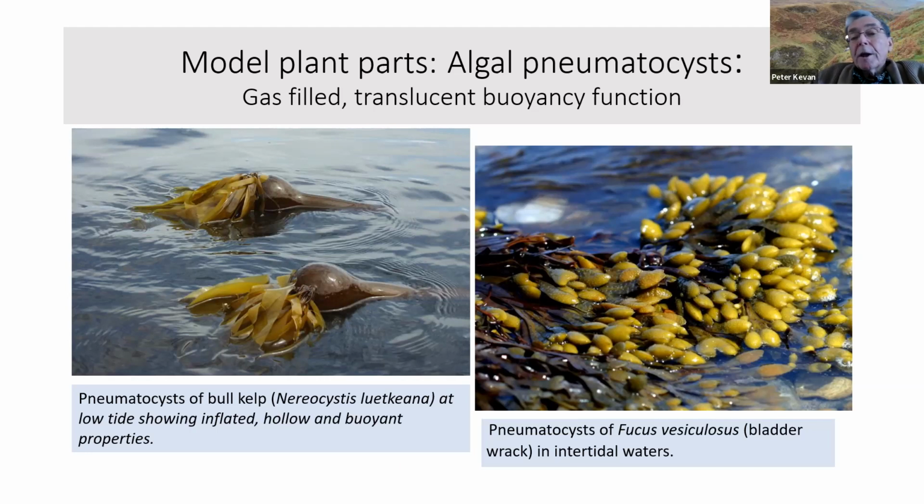And we wondered if those too might function in a heliotropic way. But nobody, as far as I know, has looked at that. We do know a fair amount about the gases which are in there. They're just the common atmospheric gases, and they seem to be important then in buoyancy. But temperature has not been measured. We're hoping to get at that this summer, but we'll have to wait and see. Next.